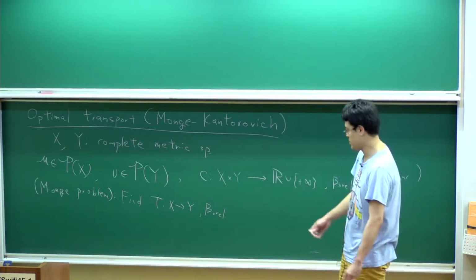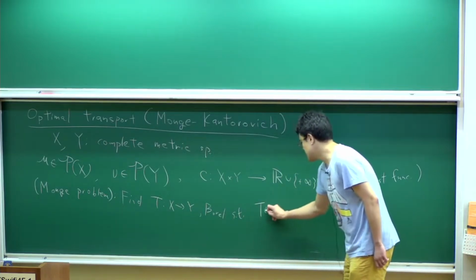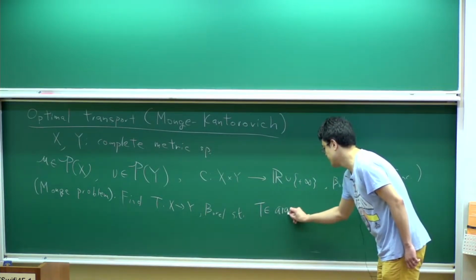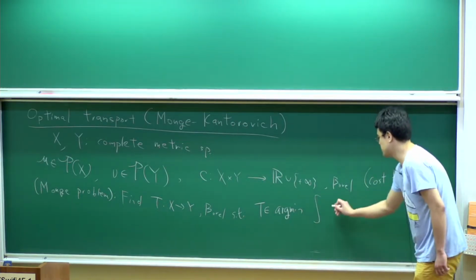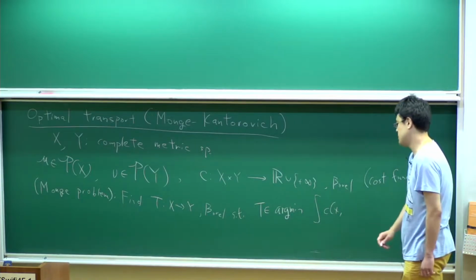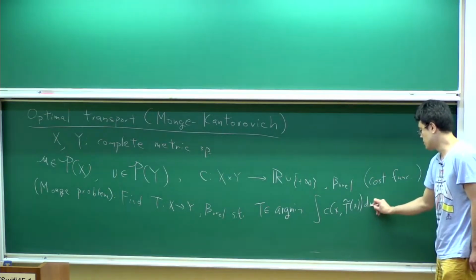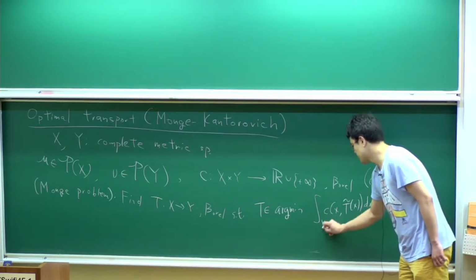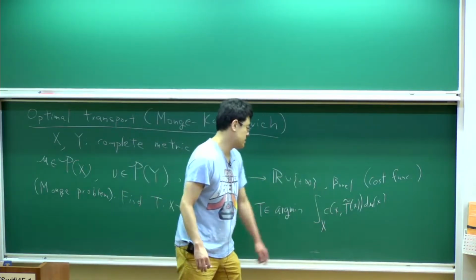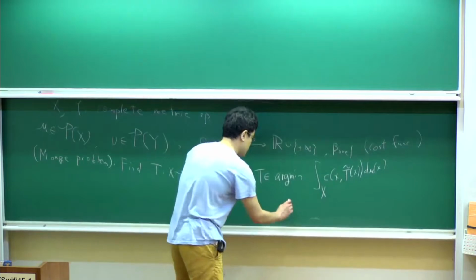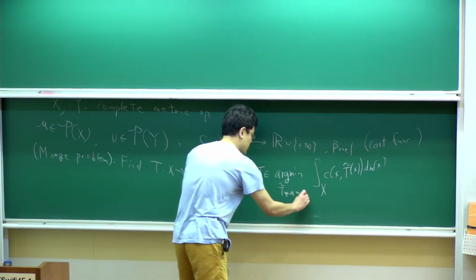So it should be a minimizer, argmin, of the following functional: the integral of c of x, T tilde of x, d mu of x. And what should this selection of T's be? Well, this should be over the class of T which pushes mu forward to nu.